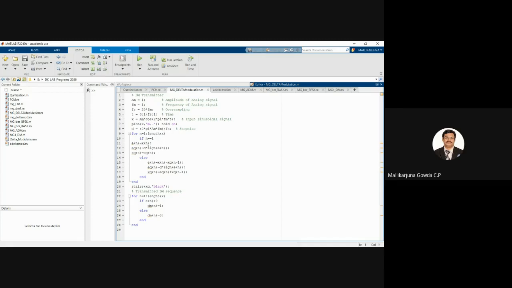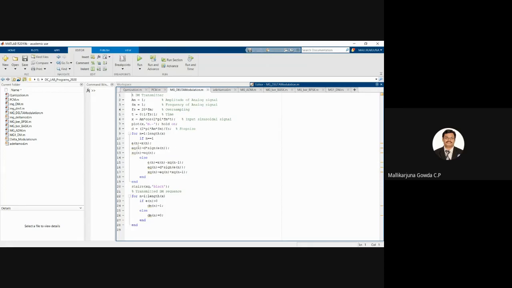Is this point clear? This signum is a built-in function in MATLAB. I hope you all know what a signum function is. That is multiplied by the step size, because that is the output of the 1-bit quantizer.